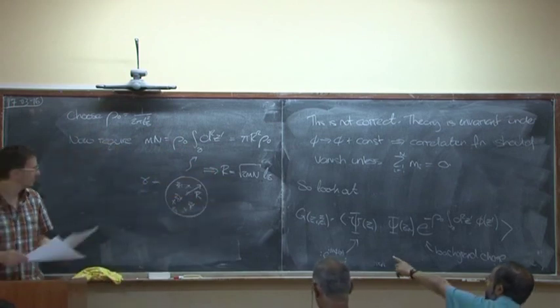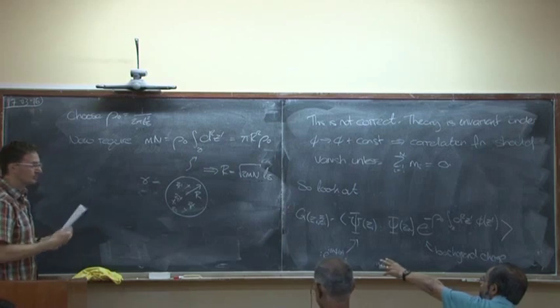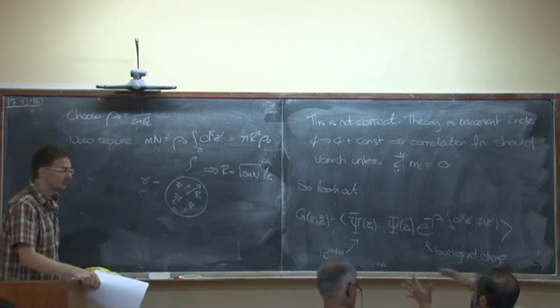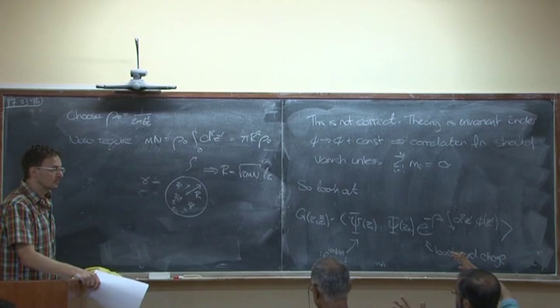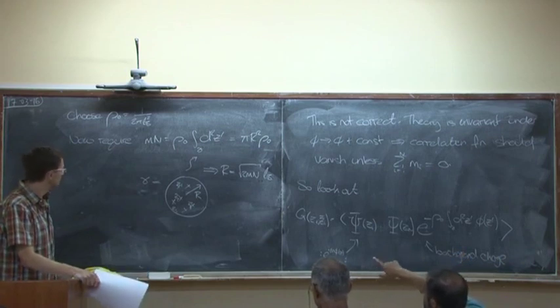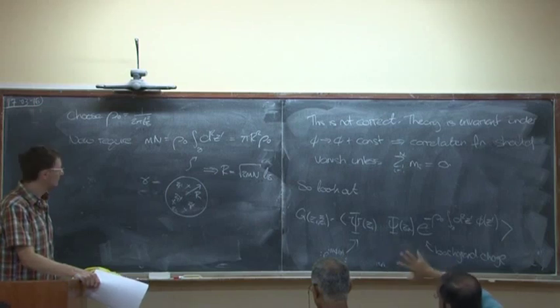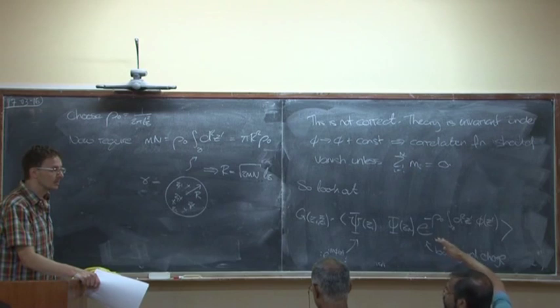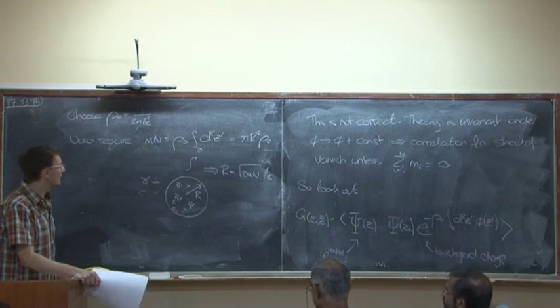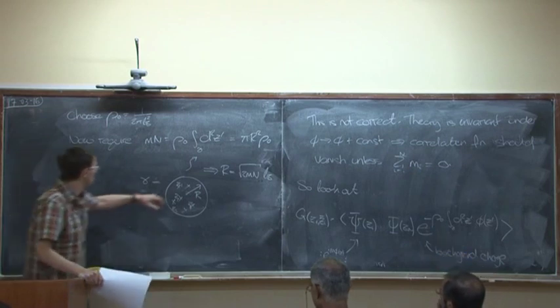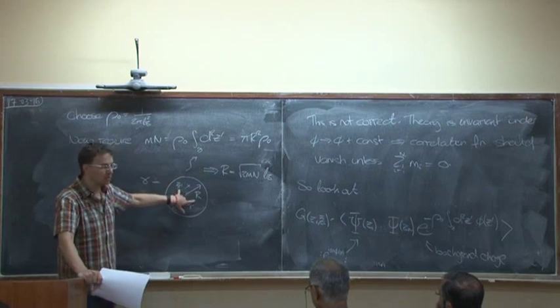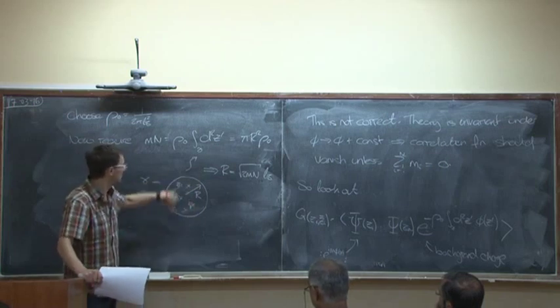So maybe here the size of the disk is determined by how much these insertions are spread out. It's a little bit arbitrary in the sense that I could take a disk which just about encloses everybody, or goes a little bit further. There are actually going to be some terms we drop that are order z_i over r, so it's best to have r much bigger than all the insertions.